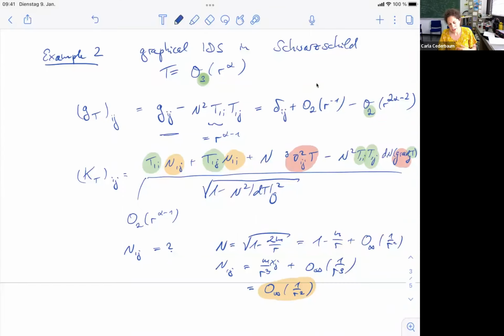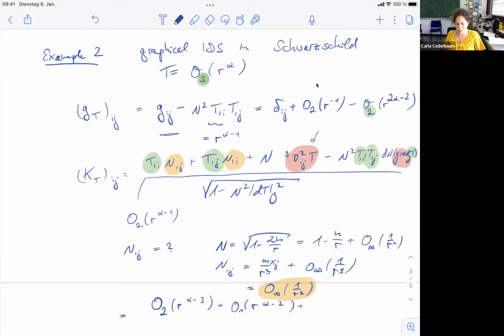And also of course the denominator, but the denominator is very similar to what I did in the metric already. So what I find is that this is terms of the order O2 r to the alpha minus 3 from the first two, then a term of order 1 r to the alpha minus 2 from the second partial derivatives of t. That's why there's a little 1 in the index also. And then from this term here, from the red term, I also get a Christoffel symbol term.